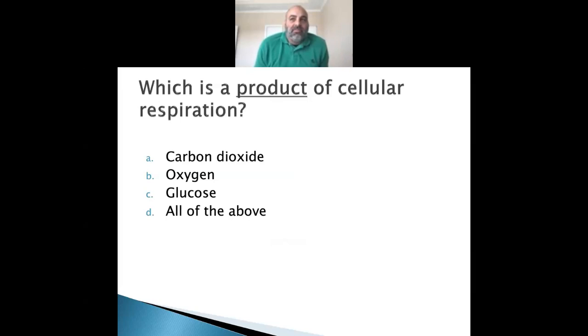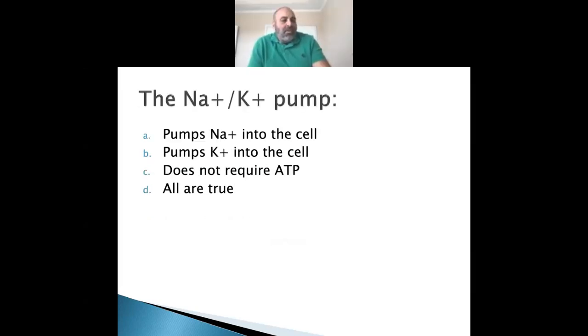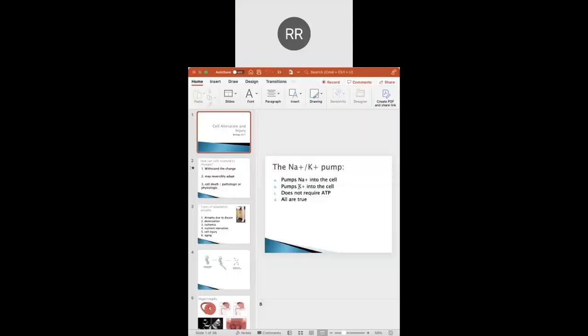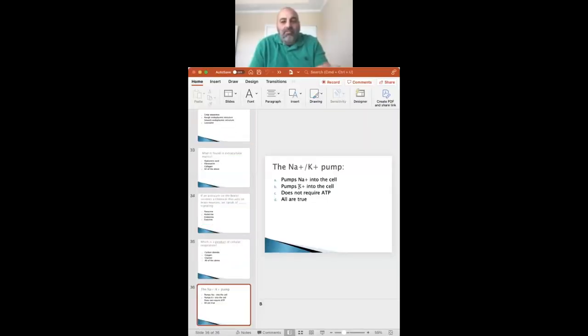Carbon dioxide. Correct. The others are reactants. And the sodium potassium pump? Sodium out, potassium in. Correct. So B pumps potassium into the cell. Correct. That's it.